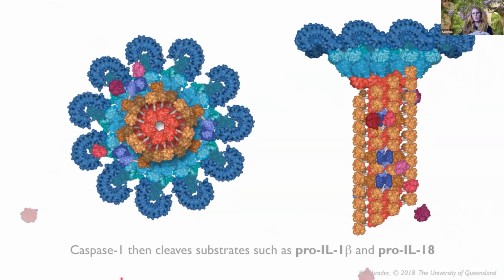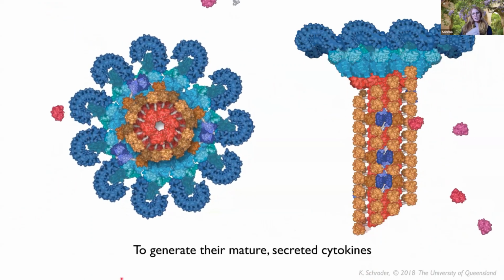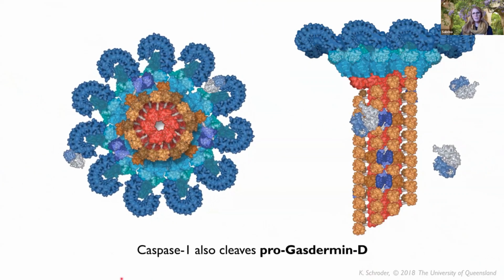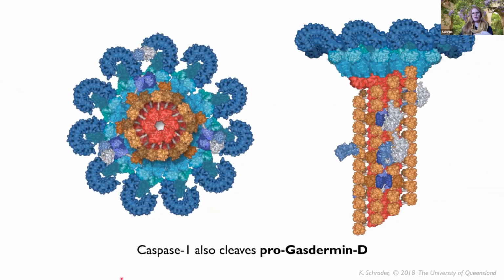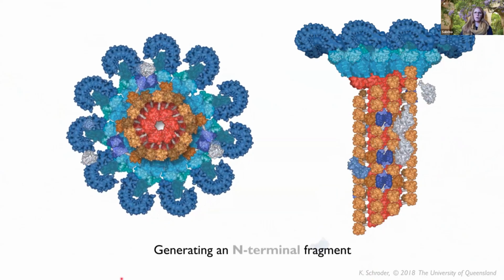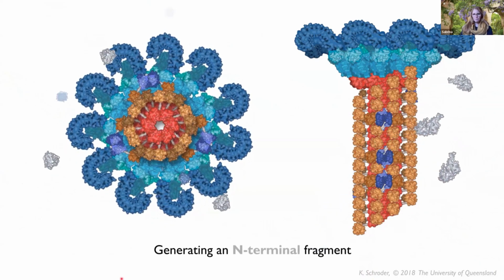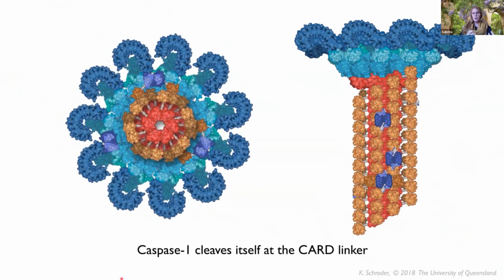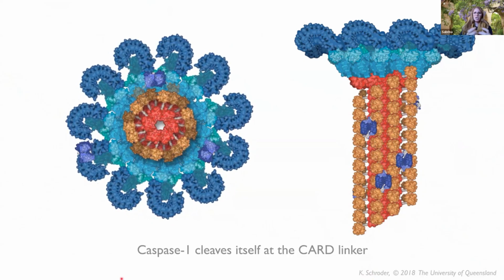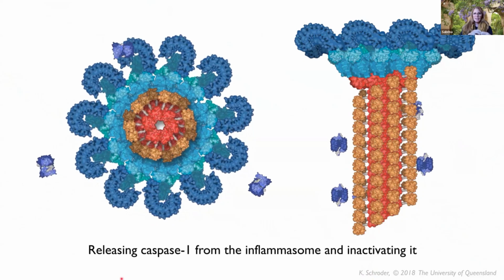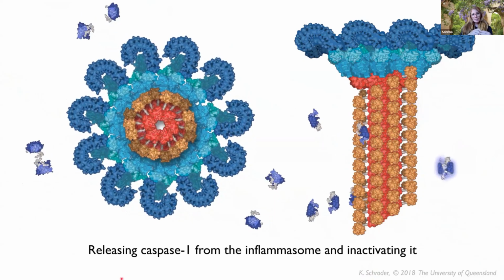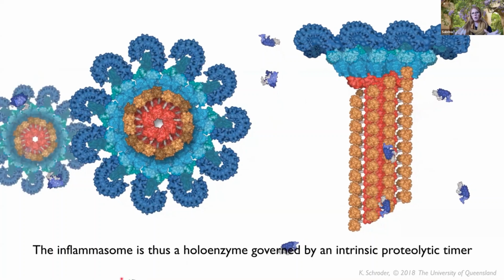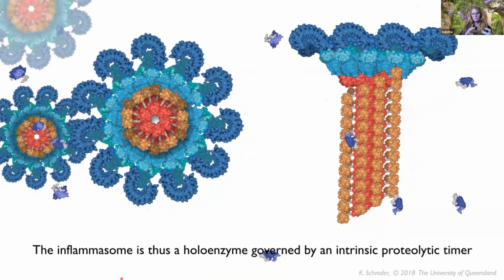Caspase-1 can then cleave, for example, IL-1 beta and IL-18 into their mature bioactive forms. But caspase-1 can also cleave gasdermin D into its so-called N-terminal fragment. Once caspase-1 has cleaved all its substrates, it cleaves itself to terminate its activity and dissociate from the inflammasome, inactivating this complex.